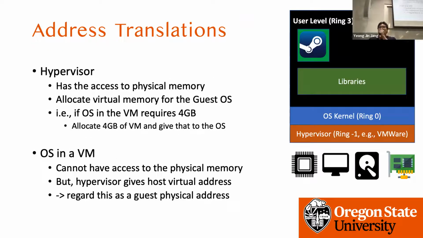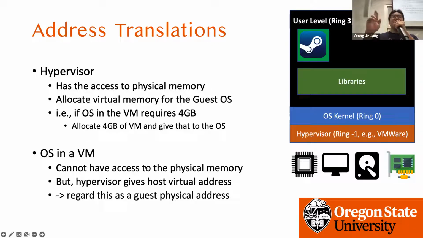So I told you that the hypervisor will regard the entire guest operating system as ring 0, right? So from the hypervisor's perspective, these are ring 3. Yeah, the entire ring 0 is ring 3. So the hypervisor has access to the physical memory, and the guest operating system does not have access to the physical memory at all.